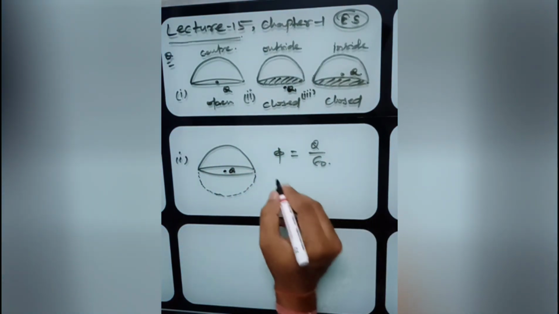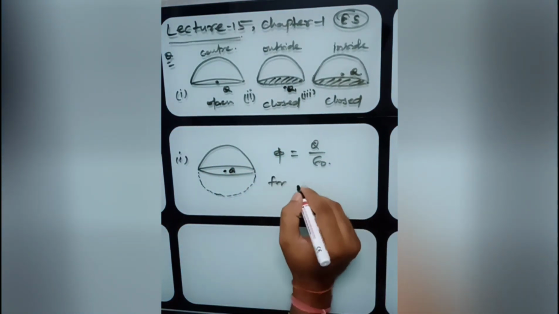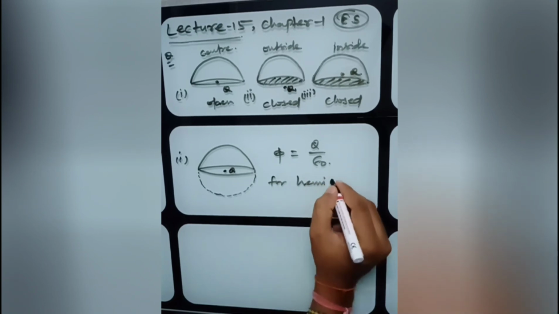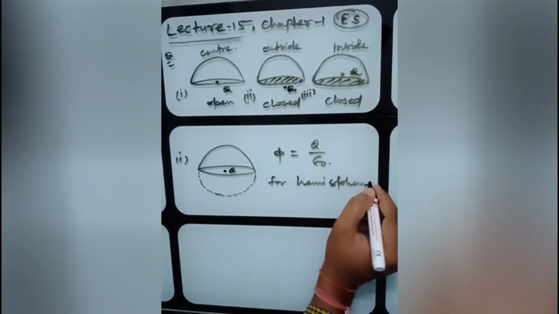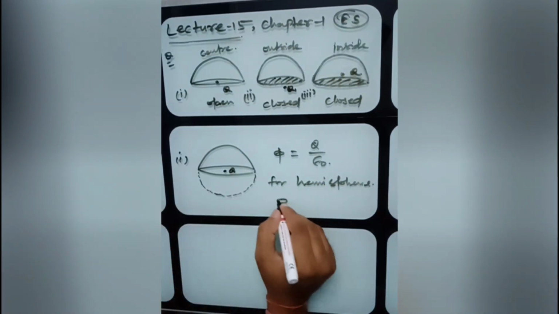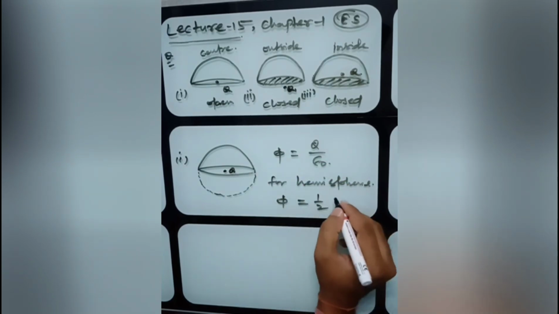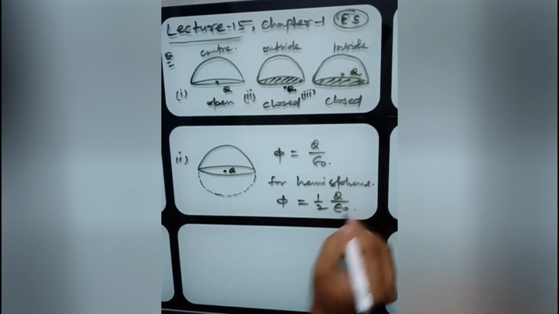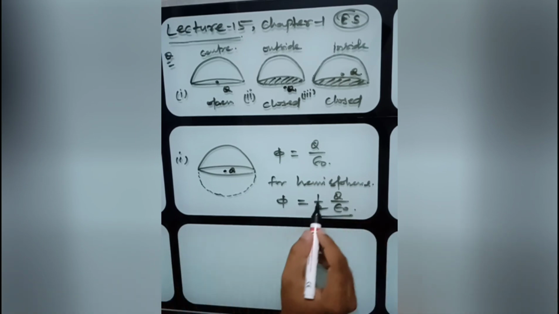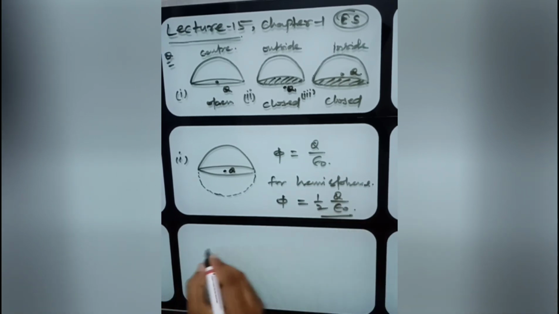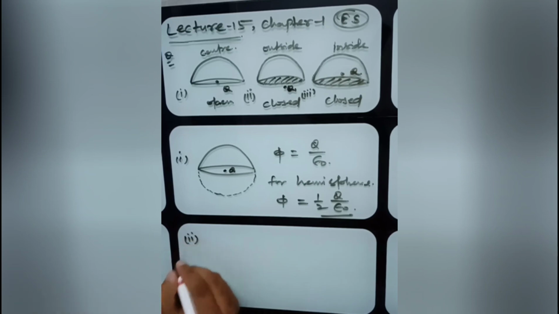So for the hemisphere you will have just half of the total flux. The total is Q by epsilon naught, so the answer will be half Q by epsilon naught. Now the second one.